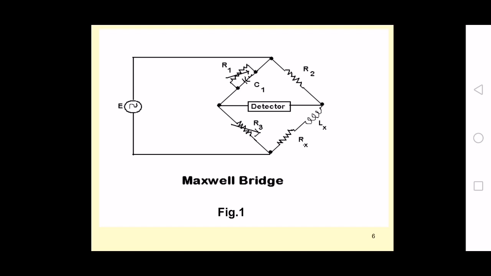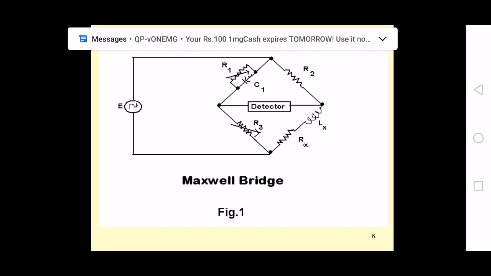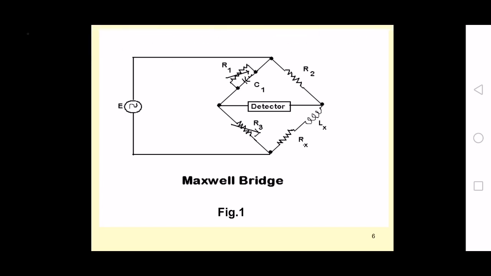A and C are connected to the detector, B and D to the electric supply. For the detector response to be 0, the potential difference between A and C should be 0. This will be the case when the voltage drop from B to A equals the voltage drop from B to C in both magnitude as well as phase.